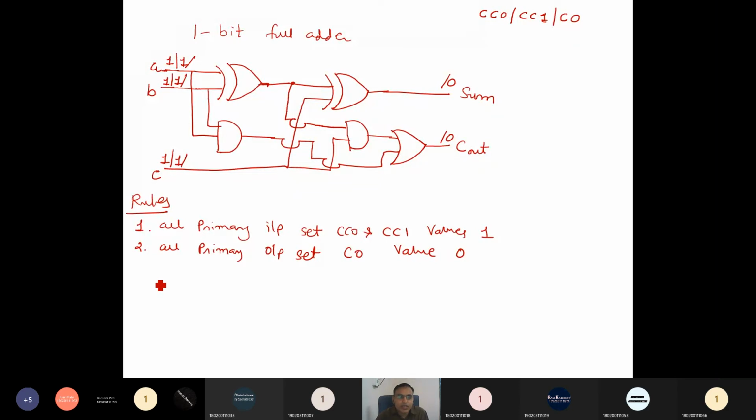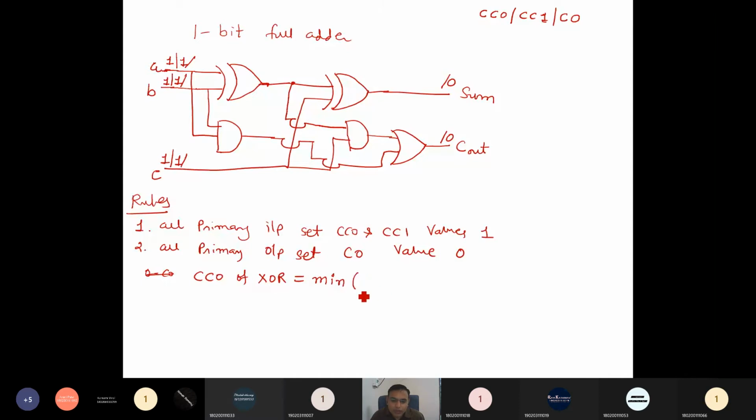Can anyone tell me the zero controllability for the XOR gate? The CC0 value of XOR. What is the rule? When the output of the XOR gate is 0, when will we get the output of the XOR gate as 0? 0, 0 and 1, 1. Yeah, so we have to take either 0, 0 or 1, 1.